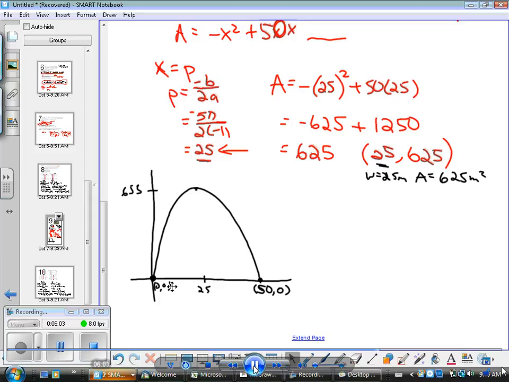So that's the whole graph for every length or width value between 0 and 50. The domain that makes sense here is values of x between 0 and 50.